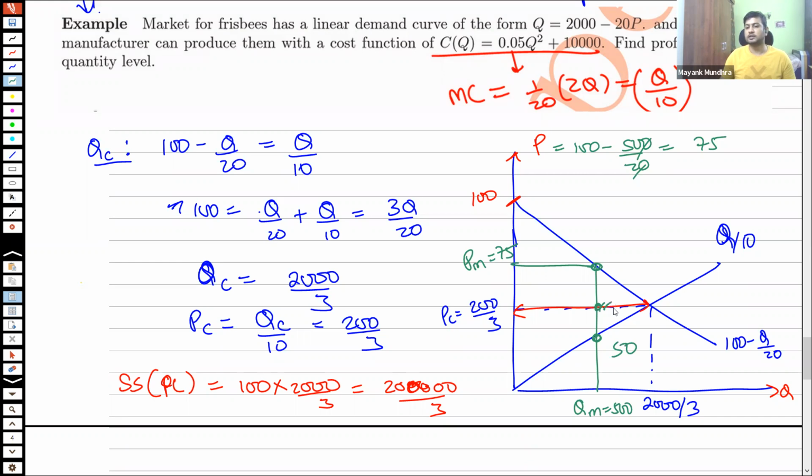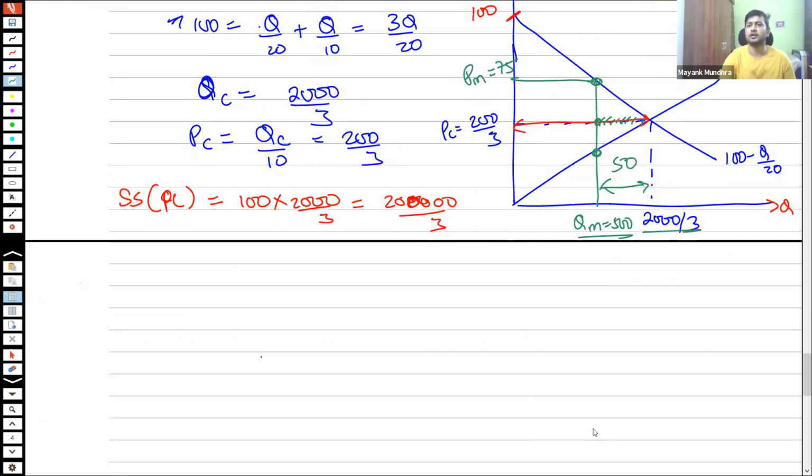Okay, and this distance is basically the difference between 2000 by 3 and 500. So if I want to calculate this smaller triangle, let's call this area delta.